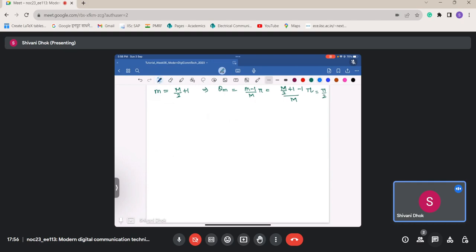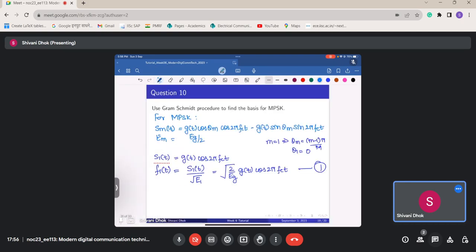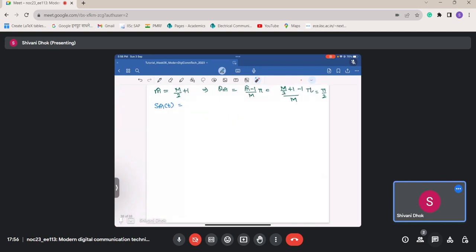So if that is the case, then s_m hat(t), with θ_m hat equal to π/2, will be such that the first term, which corresponds to cos θ_m, goes to 0 and only this term prevails. That's why we chose this particular m, so that I can get θ_m as π/2. You can take m as 2 and proceed, but that will be a more complicated operation.